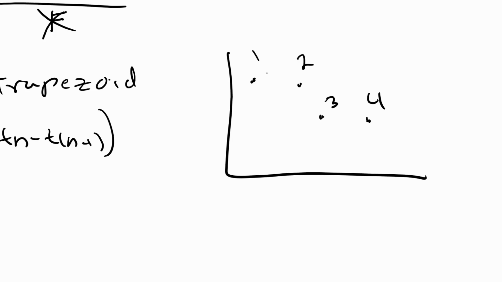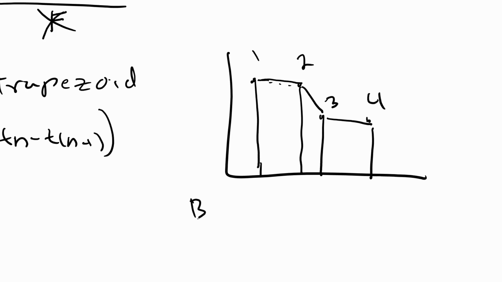So what you're really doing is imagining it as a trapezoid, and within each point, you're making a trapezoid. And if you go back to algebra and find the trapezoid equation, it's base 1 plus base 2, over 2, times height.